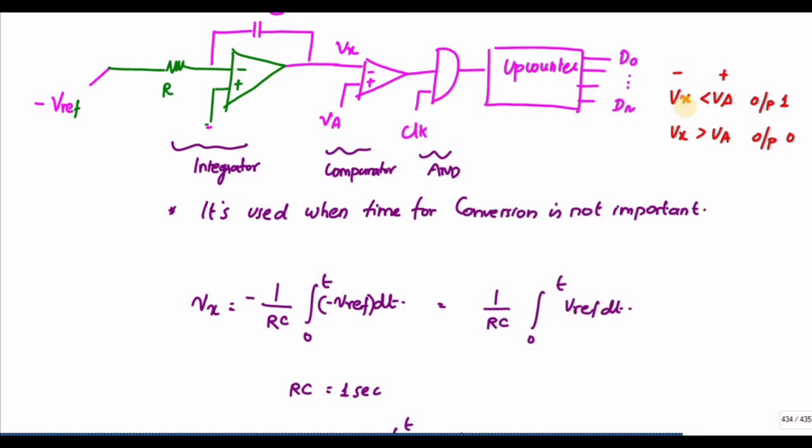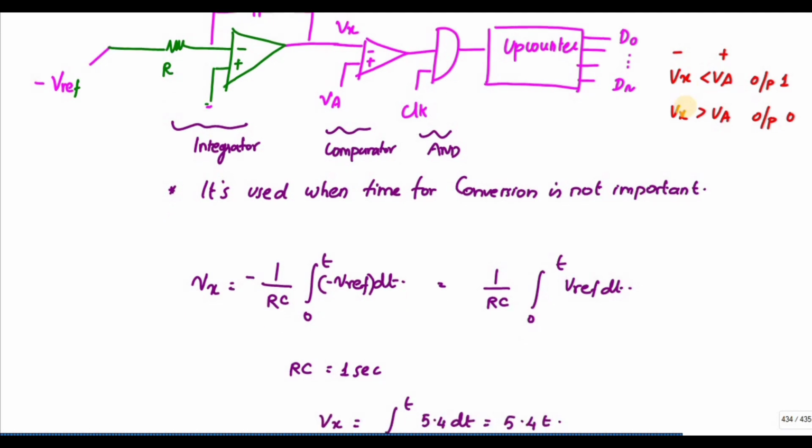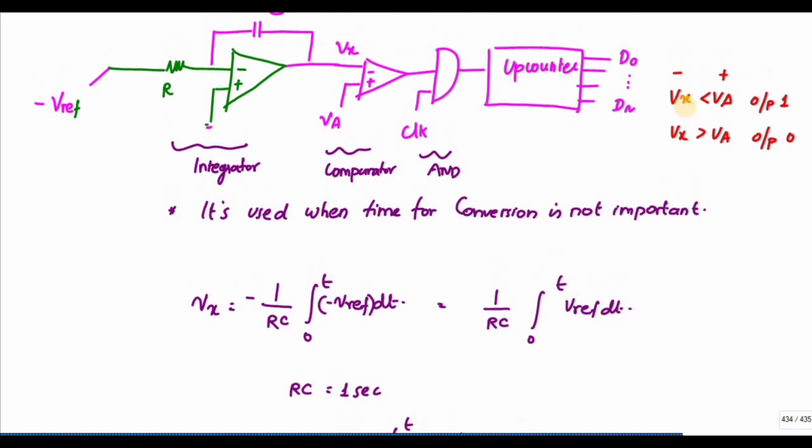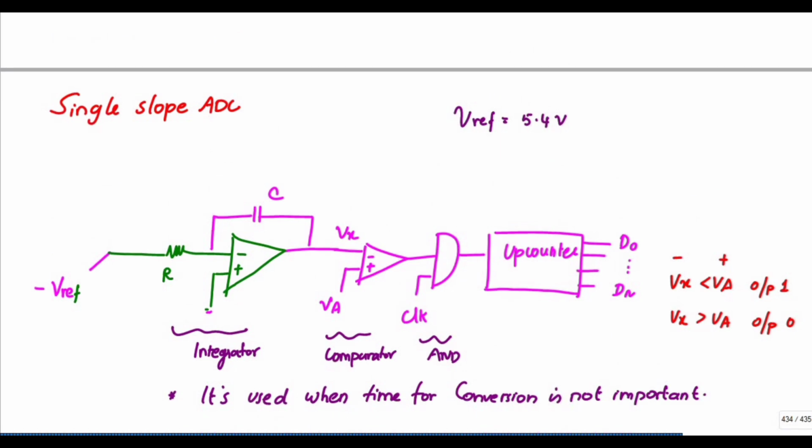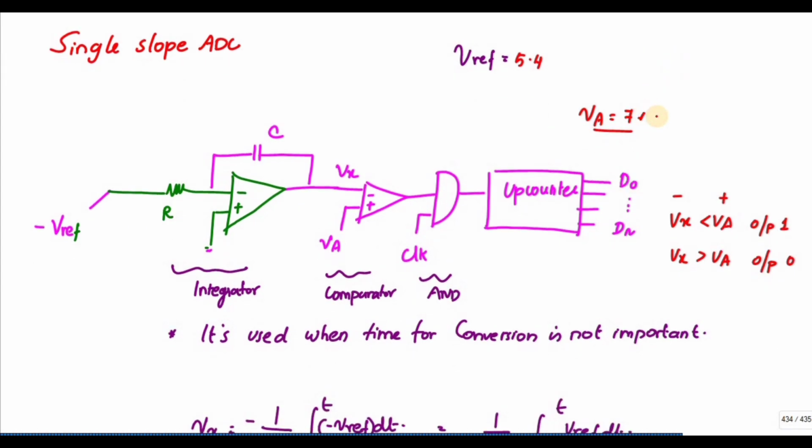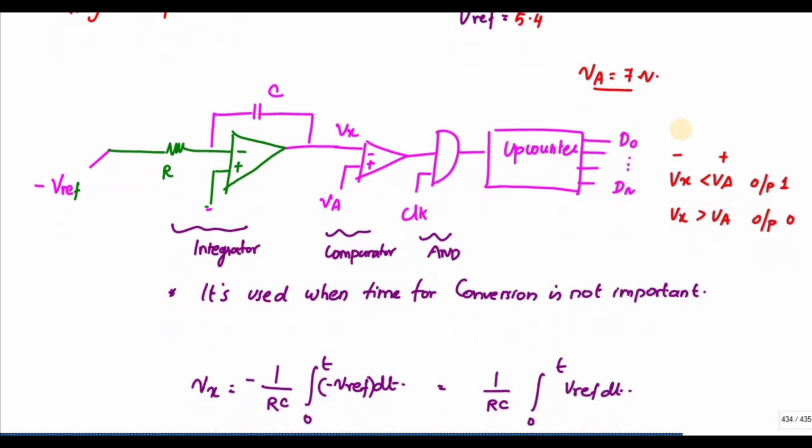Okay. Suppose this is 5.4 volt, and I am going to take my analog signal Va equal to 7 volt.